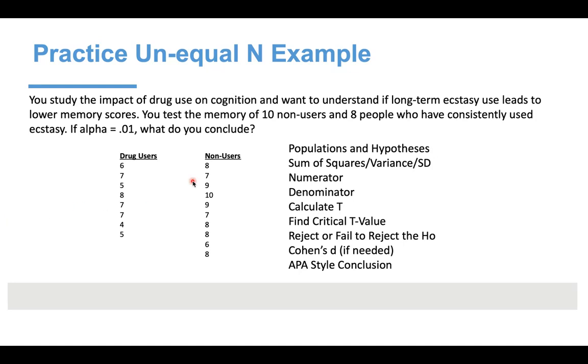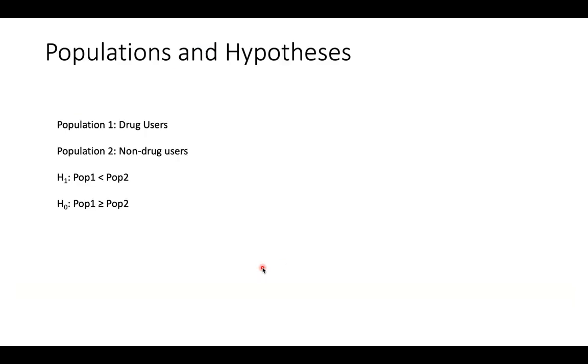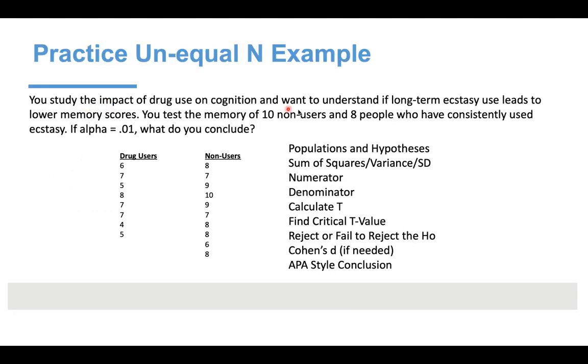And we're going to walk through those same steps that we did with problem number 1. We define our populations, drug users, non-drug users, and then we define our hypotheses. Again, start with the research hypothesis because that's the most obvious one because it's just the research question. Does long-term ecstasy use lead to lower memory scores?